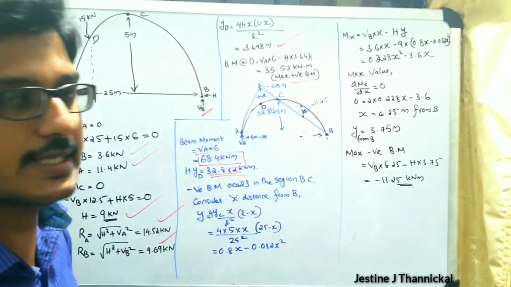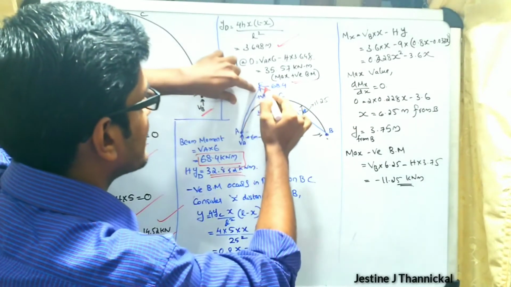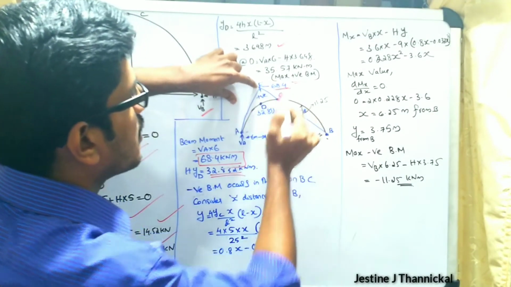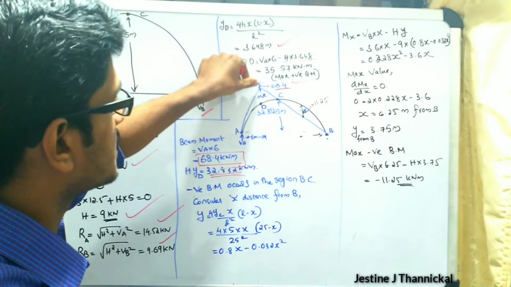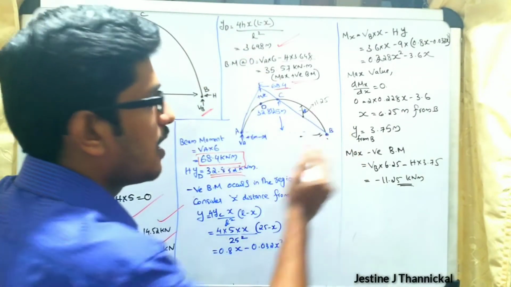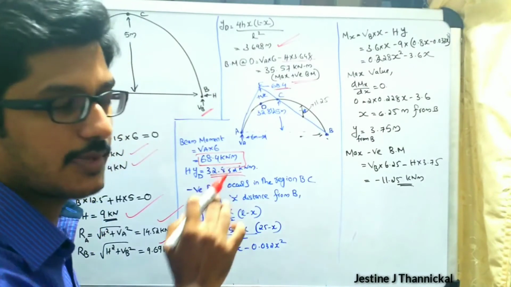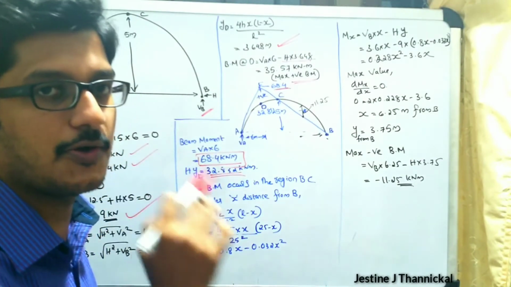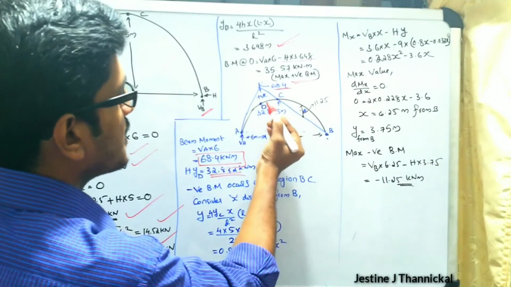For drawing this diagram, first of all you have to draw this 68.4 ordinate diagram. So this point value is 68.4. After that you have to draw the arch, that is the H y diagram.